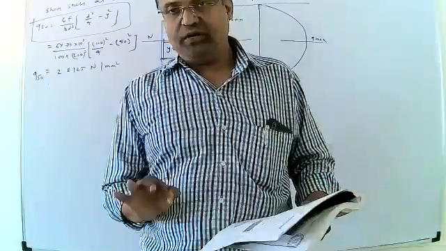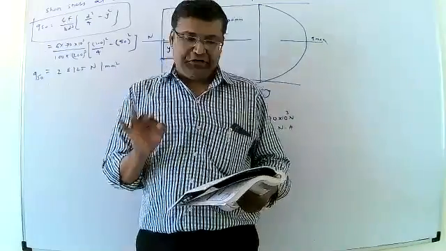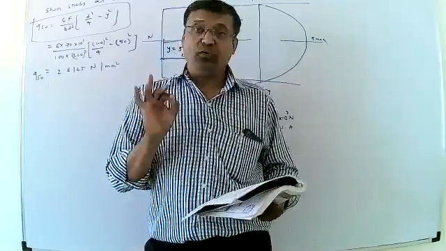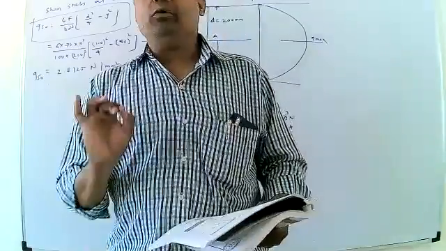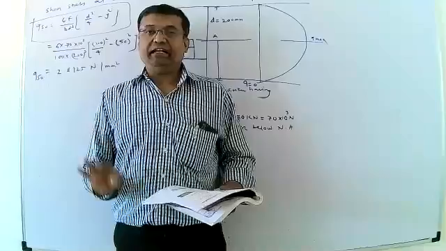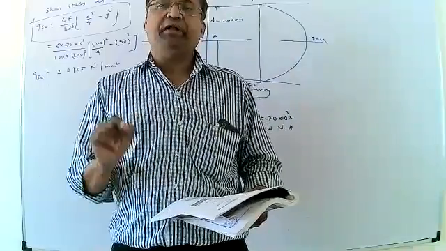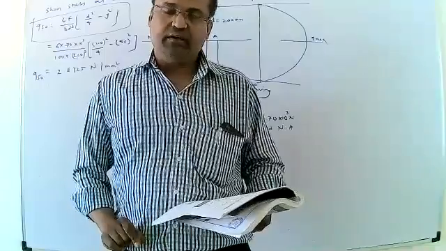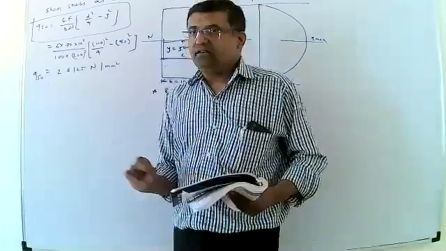We have to calculate how much shear stress is induced at a distance 50 mm above the neutral axis and at a distance 25 mm below the neutral axis. That means we have to calculate q50 and q25. How to calculate q50 and q25?